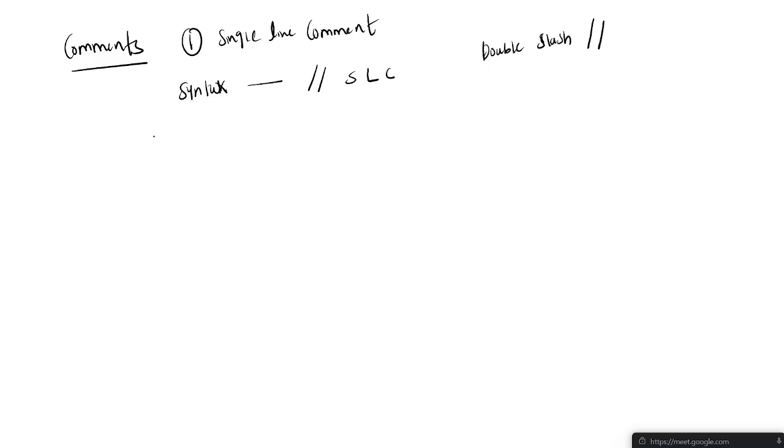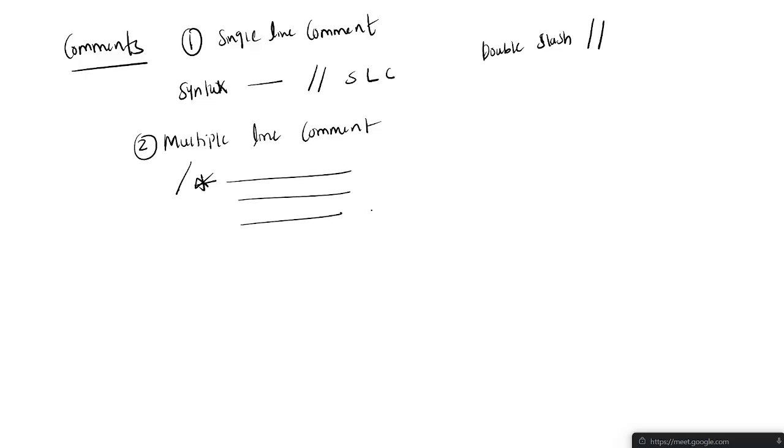Okay. And the next one is multiple line comment. Multiple line comment will be like slash star, and some multiple lines are there. You need to give the multiple lines, then star slash. So this is nothing but a multiple line comment.